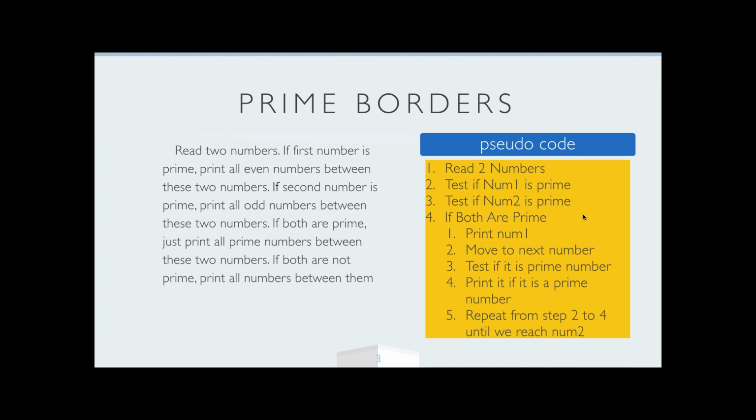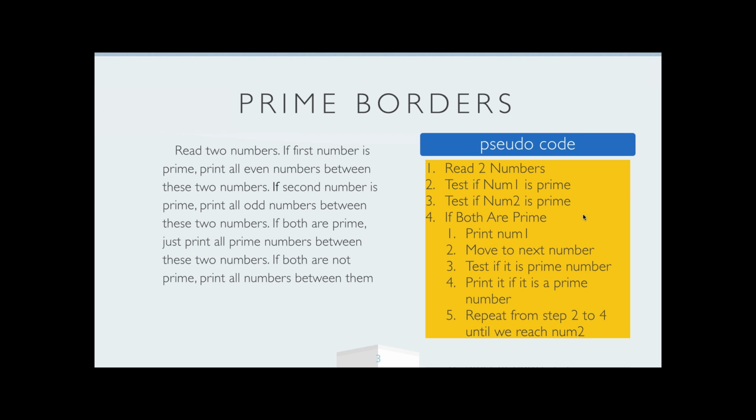Let's imagine there is a problem called prime borders. As per this problem, you have to read two numbers and test if both of them are prime or not. If both are prime, you have to print all prime numbers between number one and number two, including number one and number two.